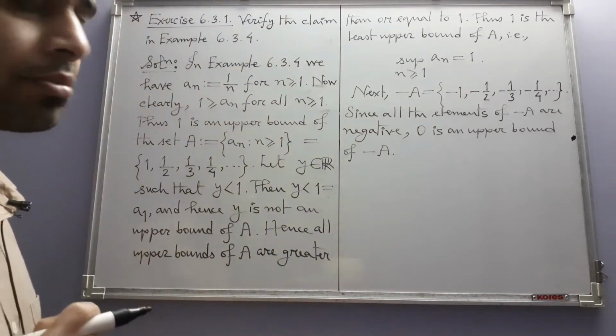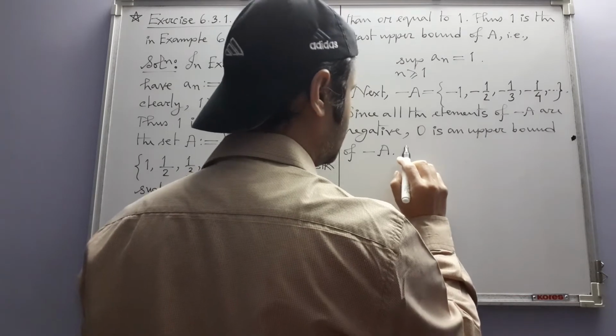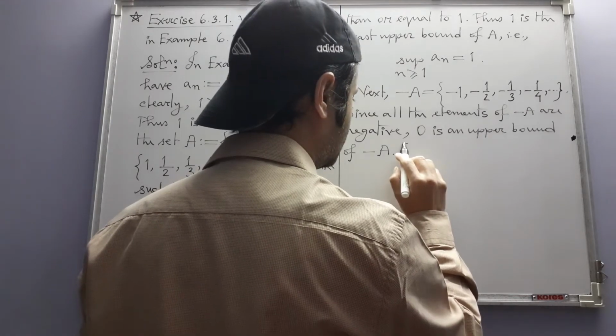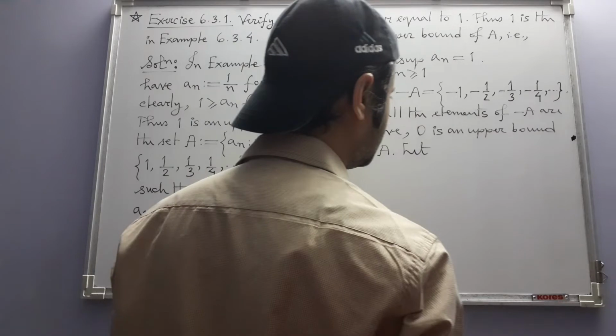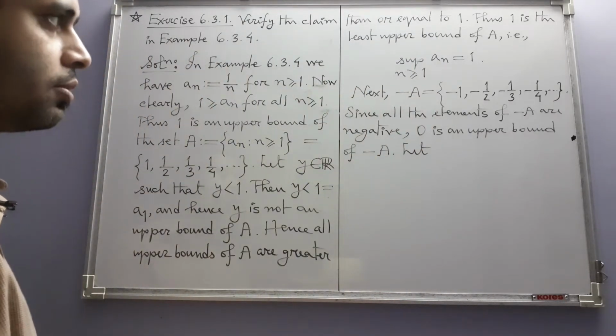So 0 is an upper bound of minus A. We want to show that 0 is the least upper bound.